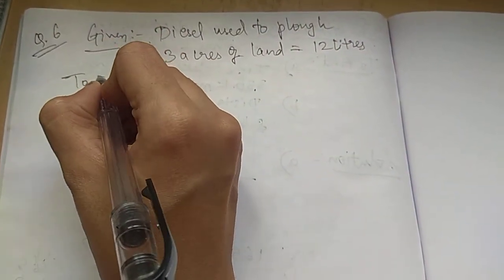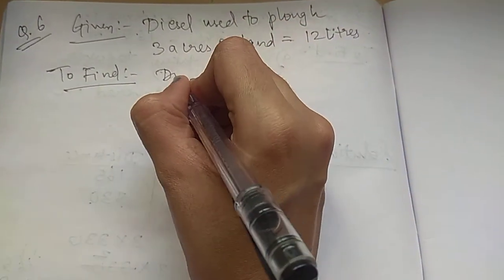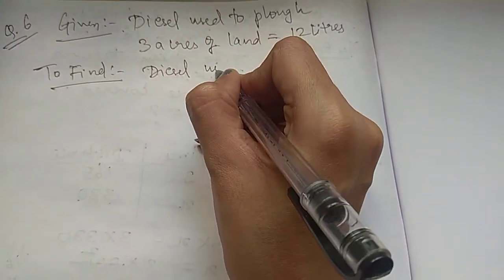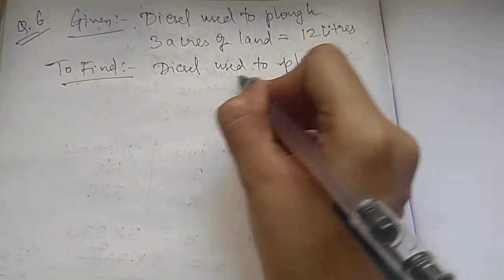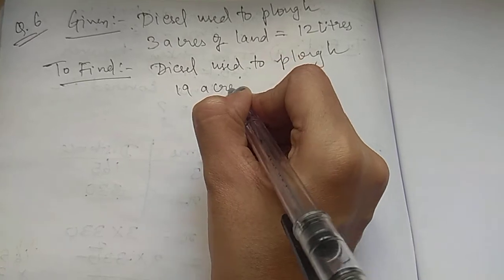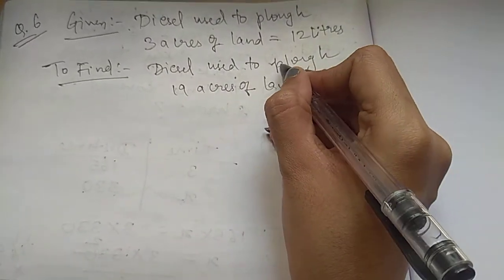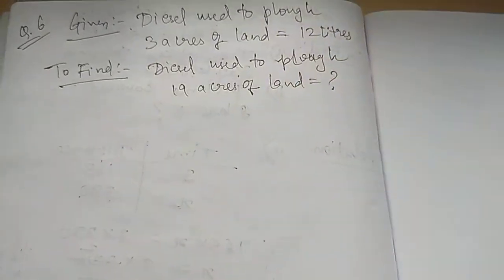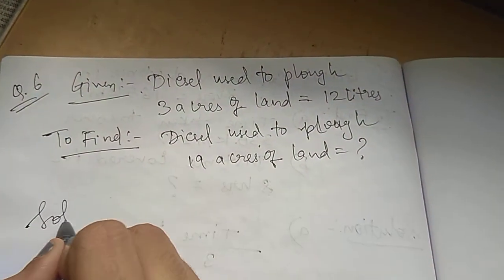To find: diesel used to plow 19 acres of land. Solution.